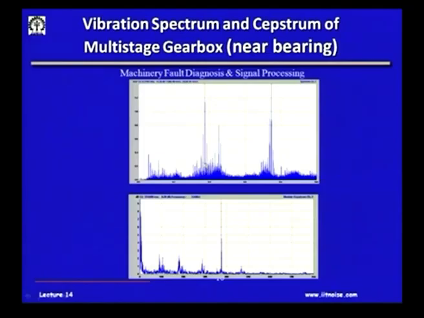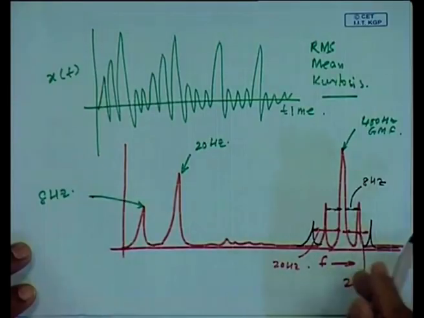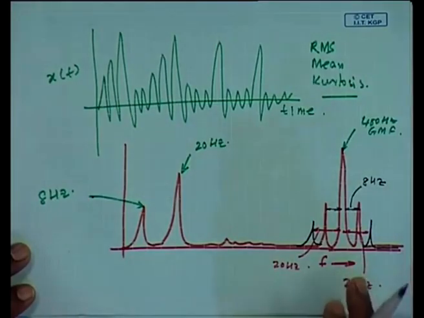So, it is very difficult for me to know whether the sideband is because of a pinion or because of a gear. So, the power of the Cepstrum is to identify which sideband is more strongly predominant.